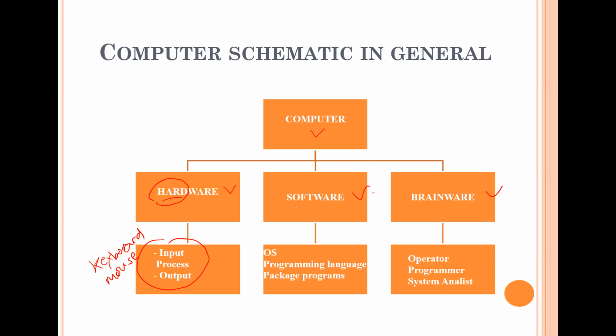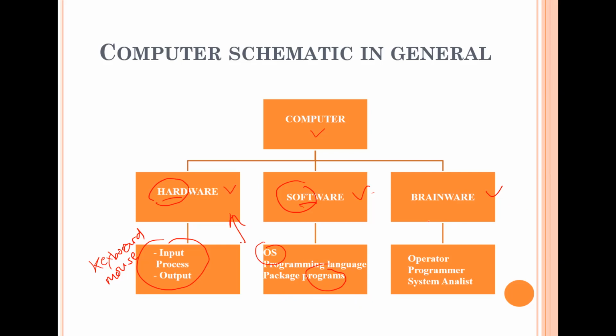And then we move to the soft one, the software itself. Software means anything related to programs or applications that run inside this hardware, right? It can be an operating system, it can be applications or programs that work inside this hard component.